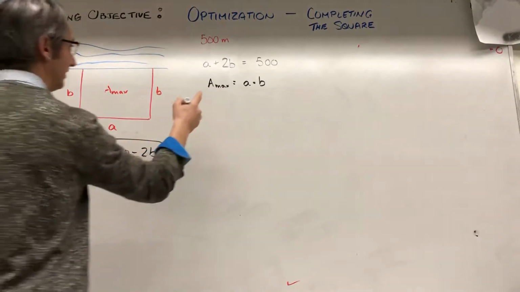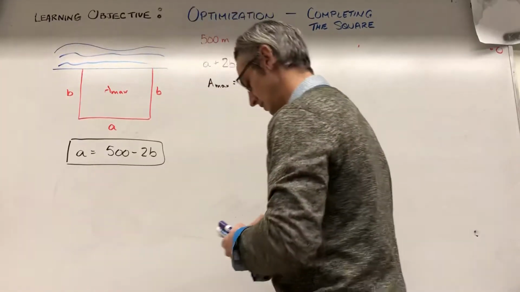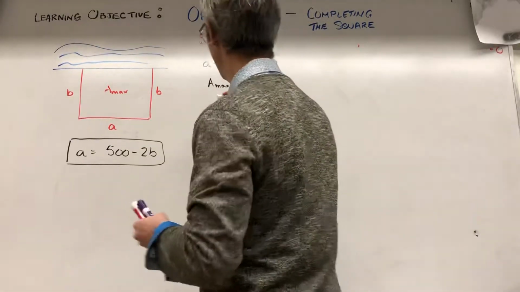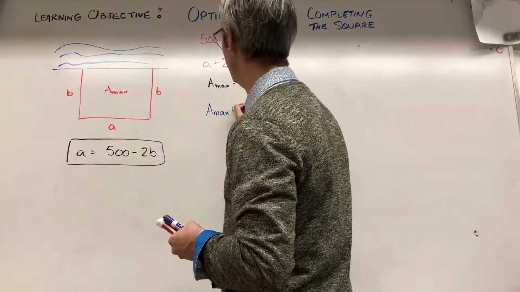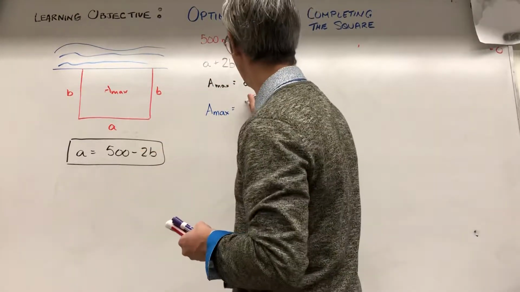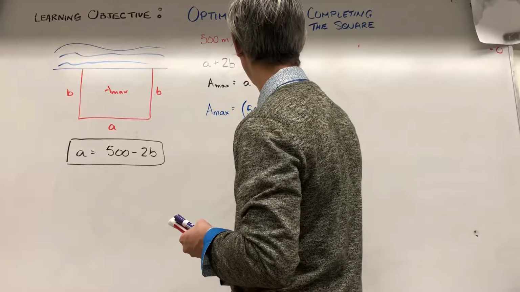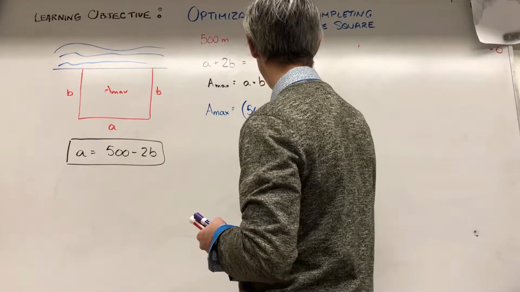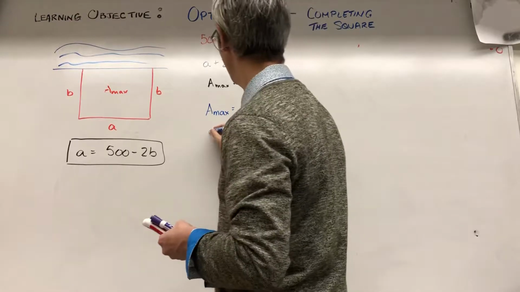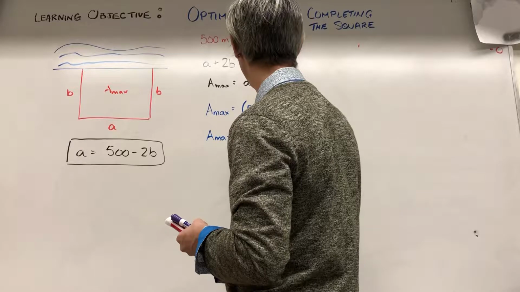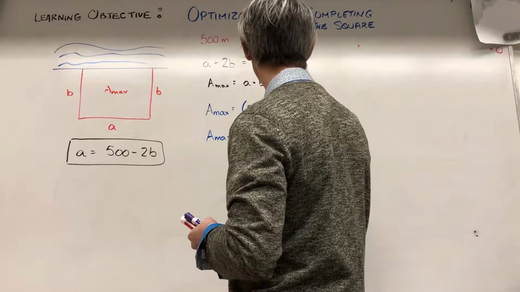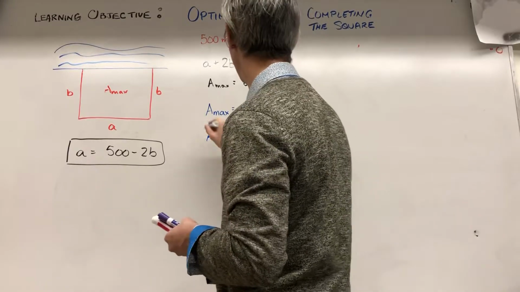Now I can take this and put it back in here. And so I get A max is equal to A, which is 500 minus 2B, times B. And so A max is equal to 500B minus 2B squared.